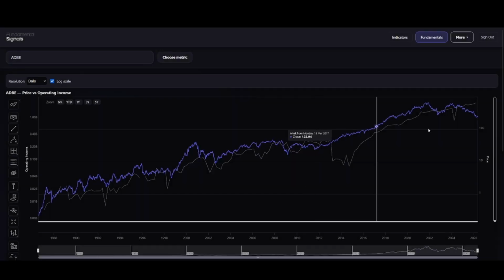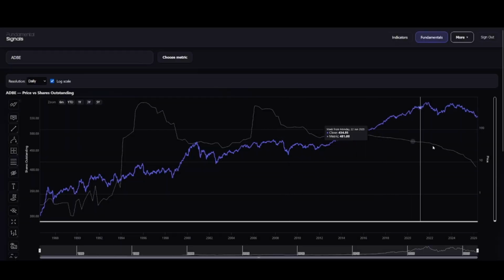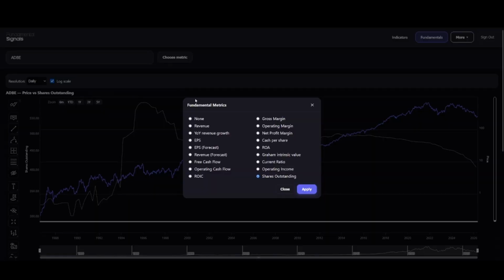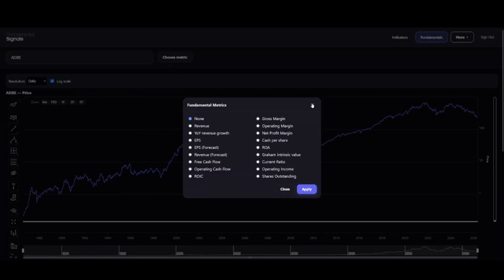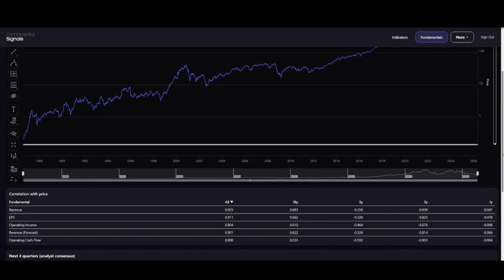Operating income. Just keeps going up again. And shares outstanding is going down, which is a good sign. So as you see, many of these metrics are pointing in a direction that price does not follow.